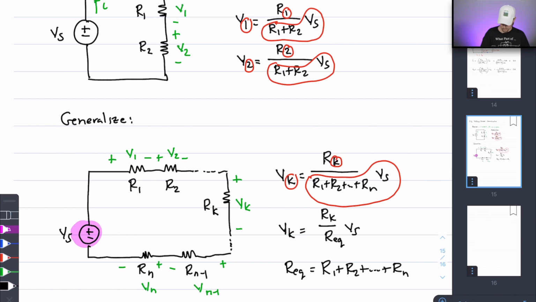These two formulas right here are our results. And as we progress through our circuit analysis, you will see that they become extremely useful as we move along.